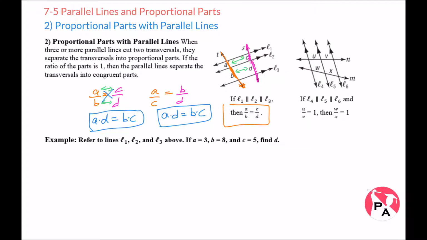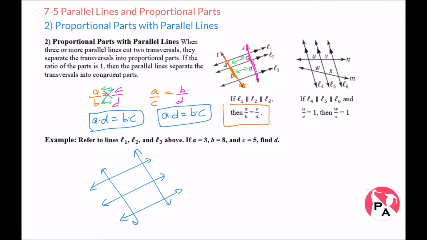Now let's read the example. Refer to lines 1, 2, and 3 above. If A is equal to 3, B is equal to 8, and C is equal to 5, find D. So before that, I want to draw those lines here, because I kind of draw a lot of things on the lines. It's going to be difficult to explain that.